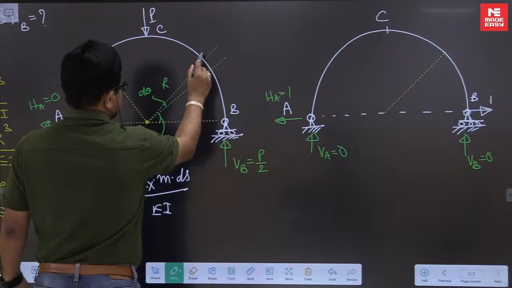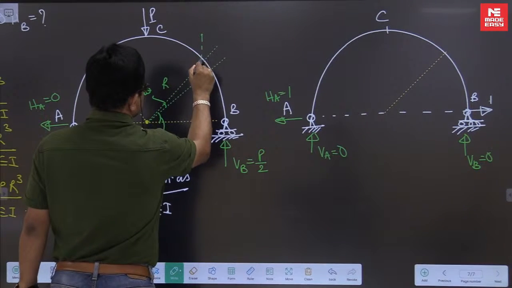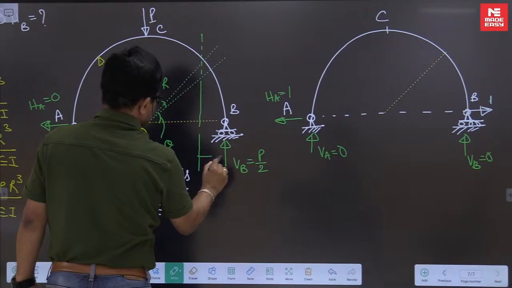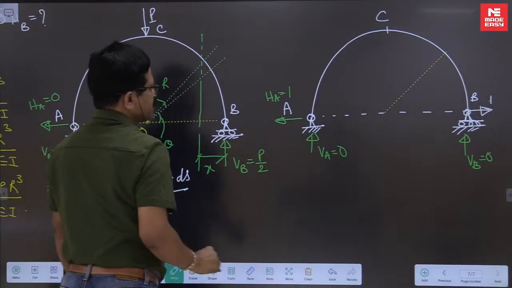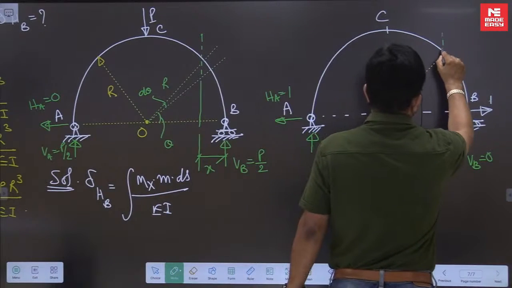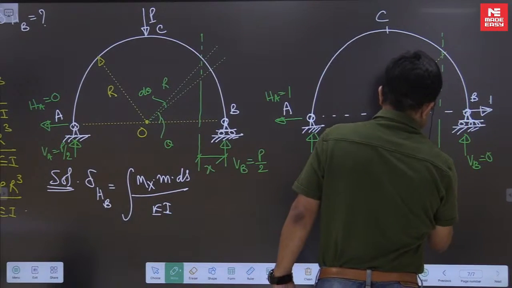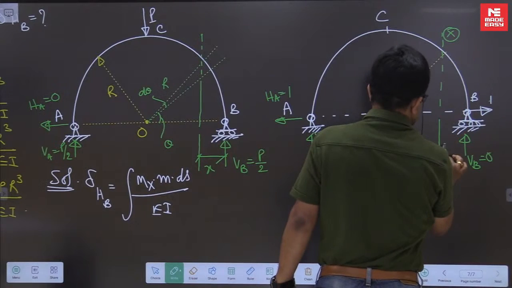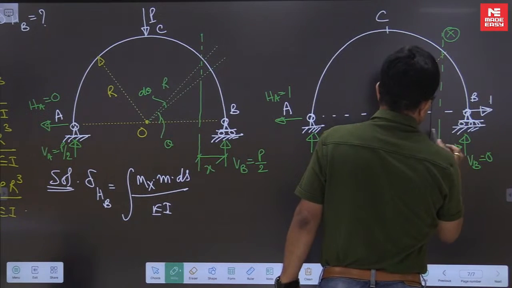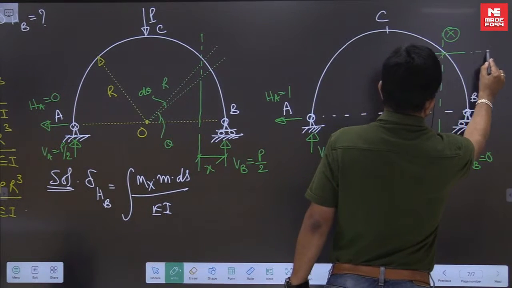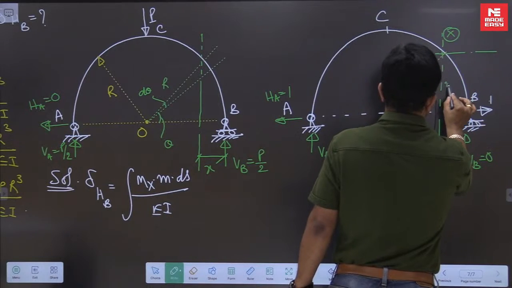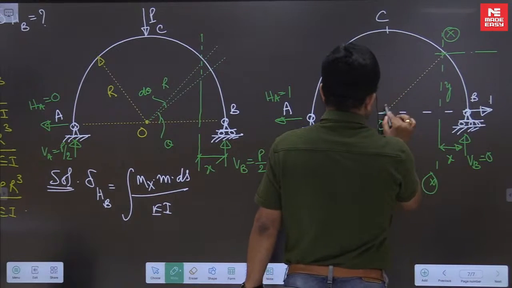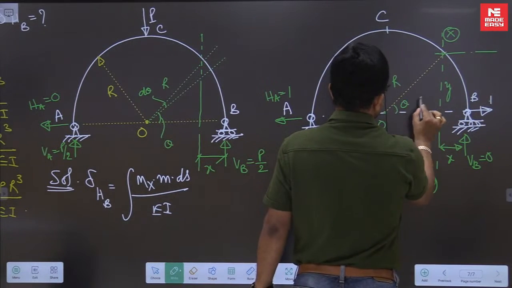Now this is the section XX we are taking at a distance of x. Here also same thing. Section XX at a distance of x, and this distance is y. This point let us say O, this is R, this angle is theta.